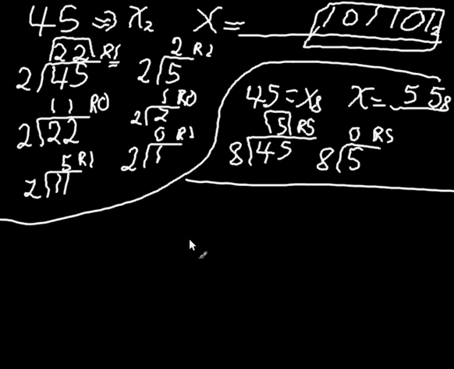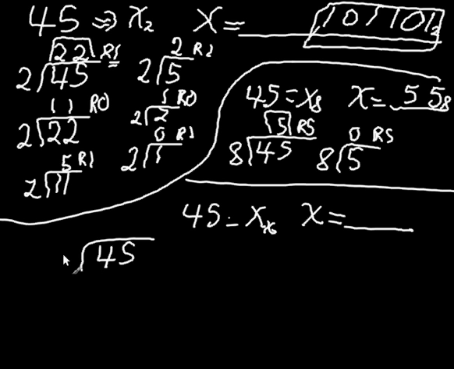So what's our answer in hexadecimal? Let's do 45 equals x in base 16, and I'm going to leave a little bit of room. So 45 divided by 16 is 2. All right, what is 30? 45 minus 32 is 13.